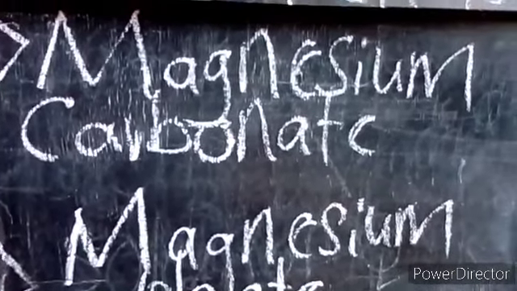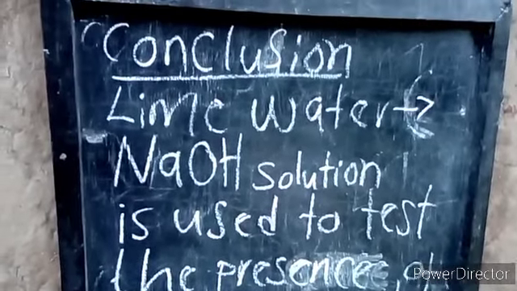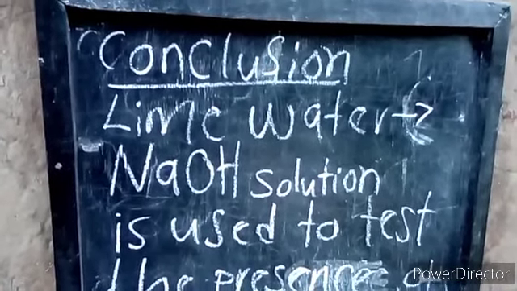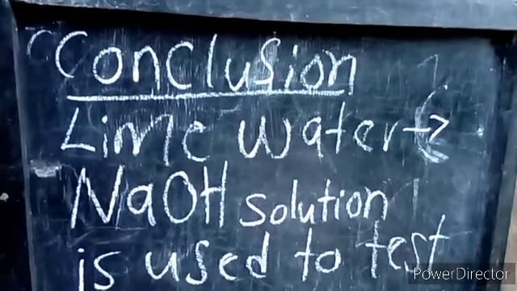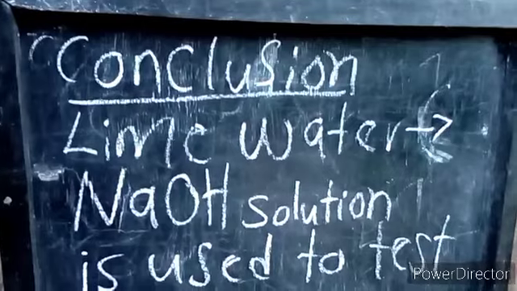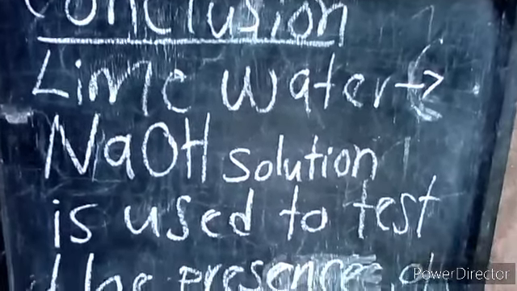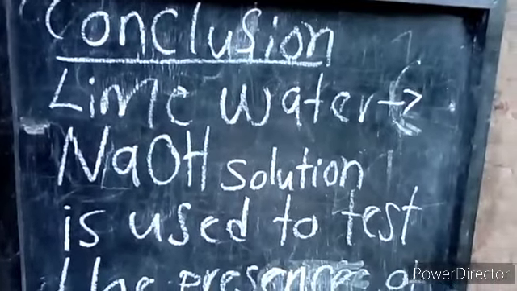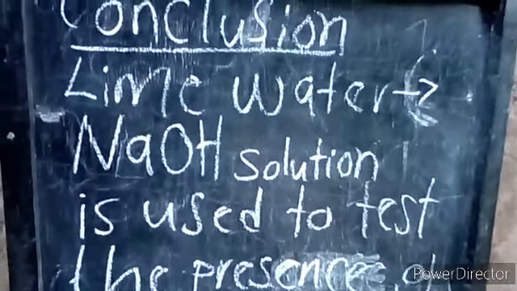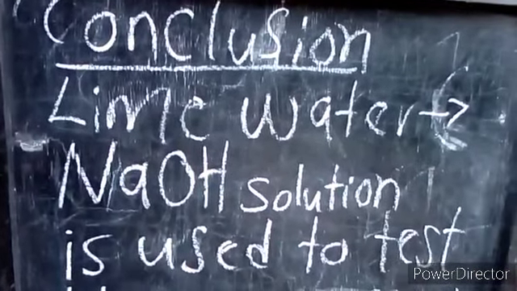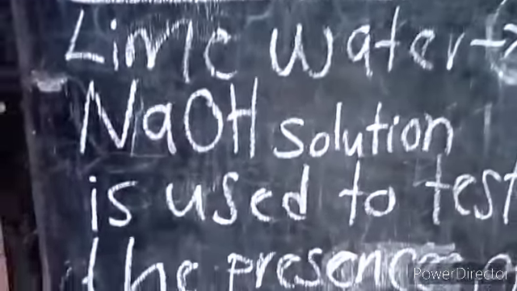Now, as I sum up the conclusion for this topic, acids, bases, and indicators, we can conclude that lime water is used to test the presence of carbon (IV) oxide.